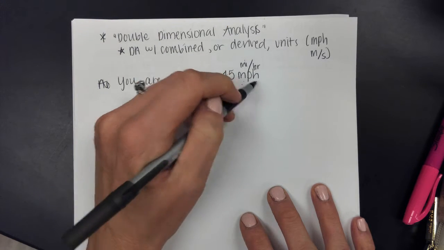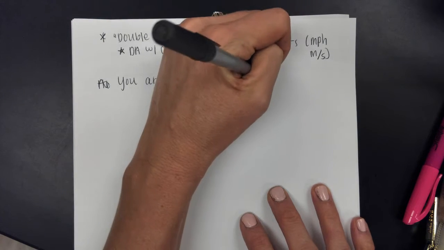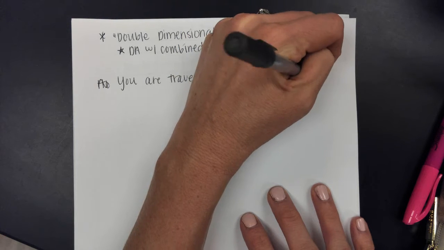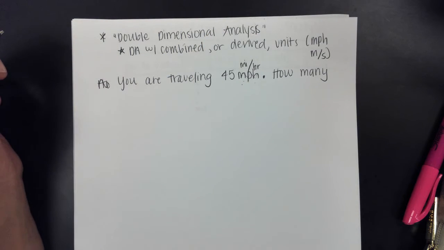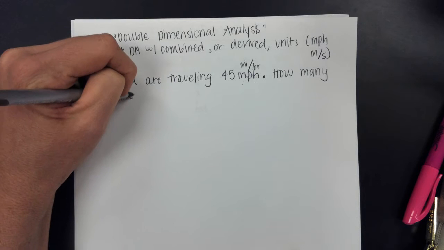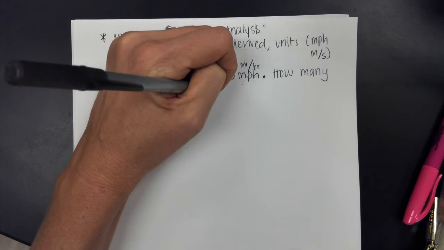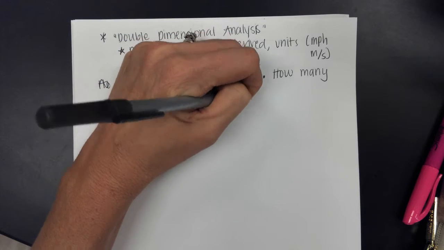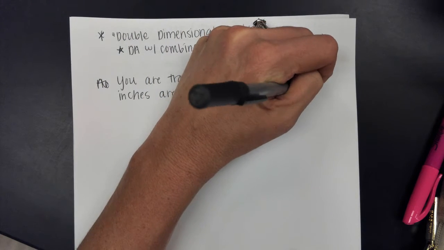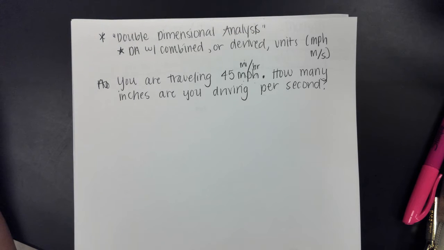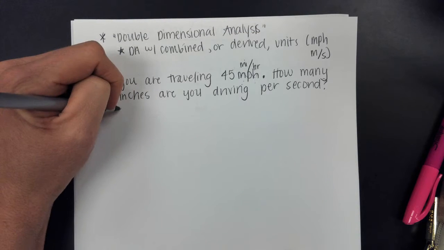There's your unit right there. You are traveling 45 miles an hour. How many inches are you driving per second?